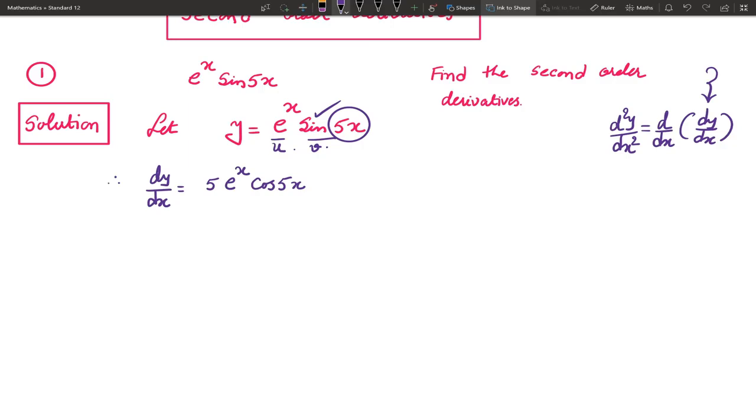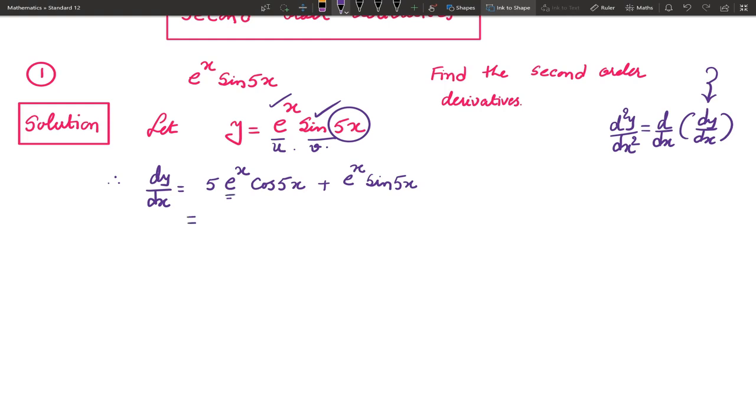Now sine 5x as it is, and the derivative of e raised to x is e raised to x. So we have used the product rule. Let us simplify this.